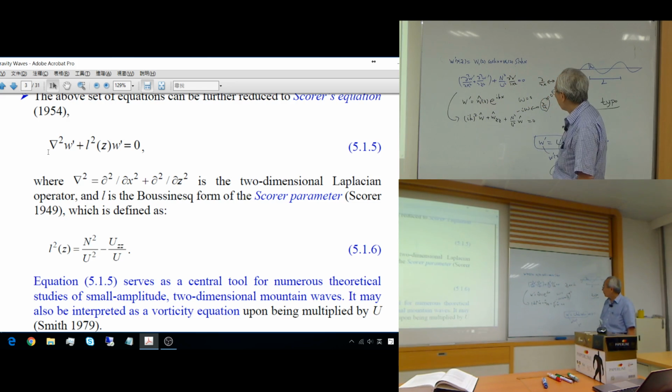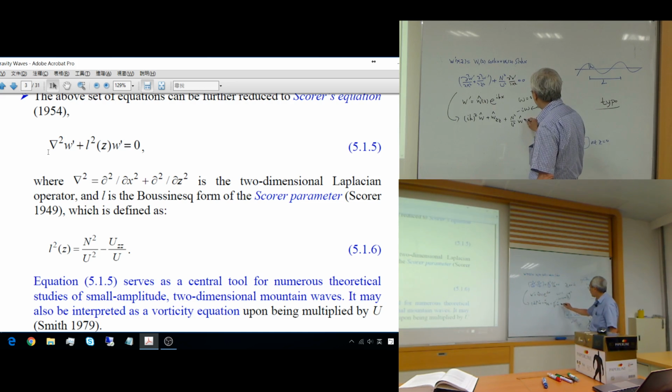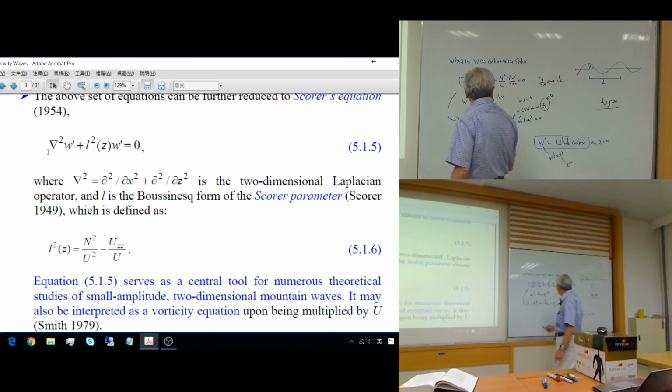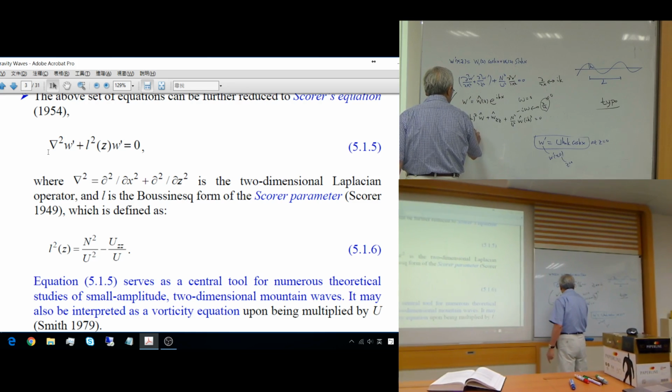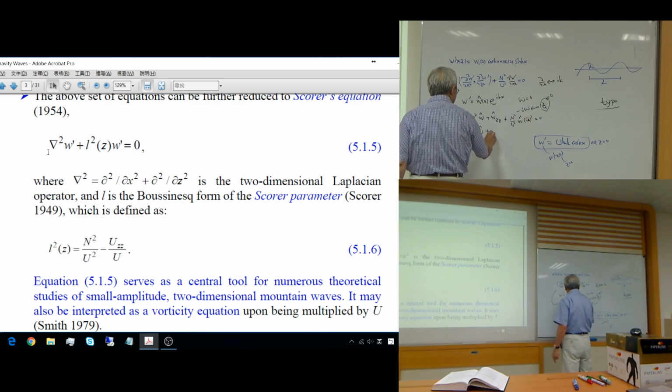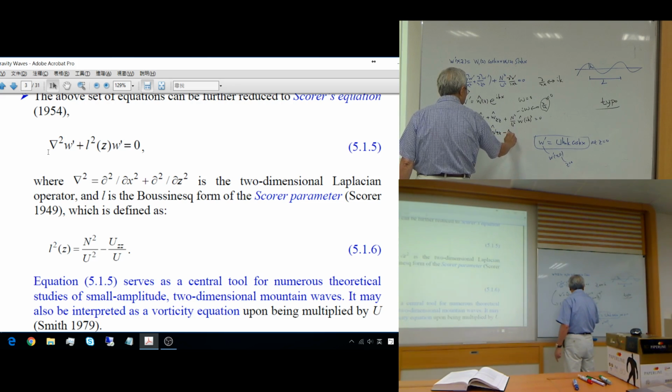And so now here we also have (ik) square equals to 0. So then we have negative k square w hat plus w hat gg, minus n square k square divided by u square.